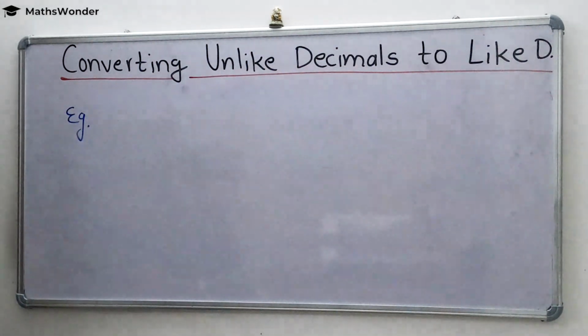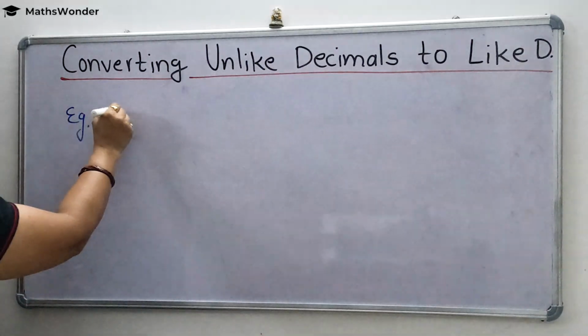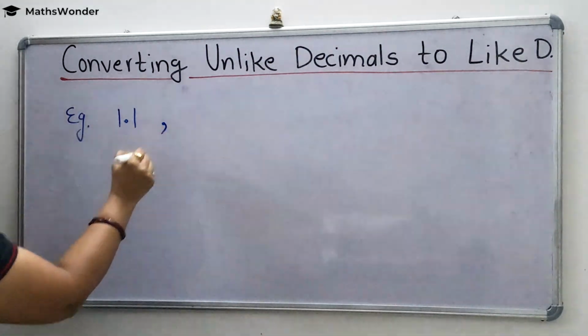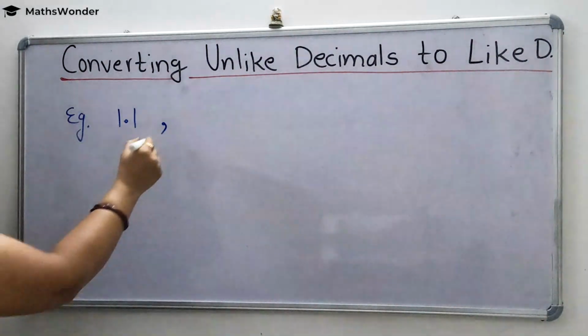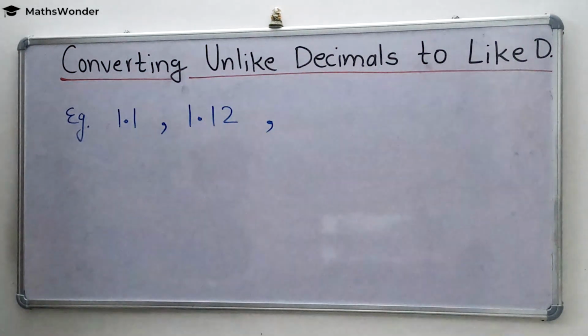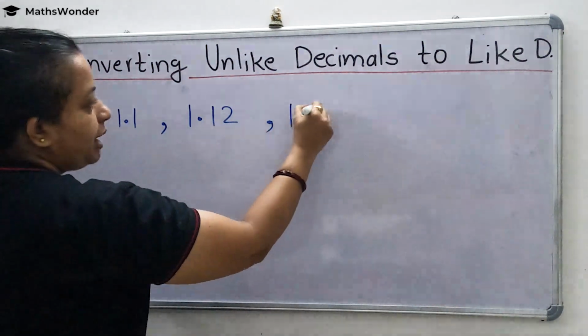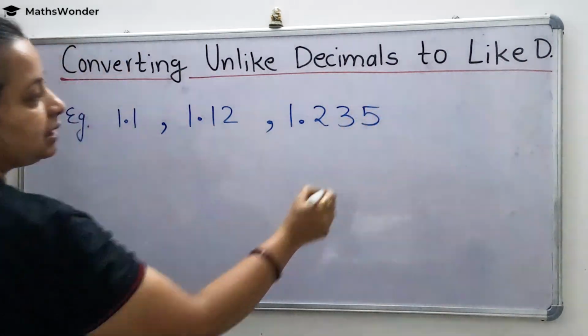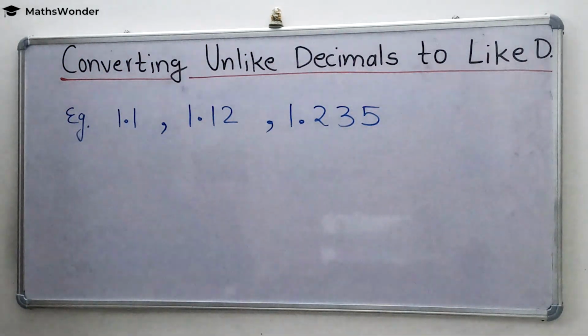Now come to the example. Suppose I am writing unlike decimals: 1.1, the next is 1.12, and the next is 1.235. Now check how many decimal places are in these three decimal numbers.